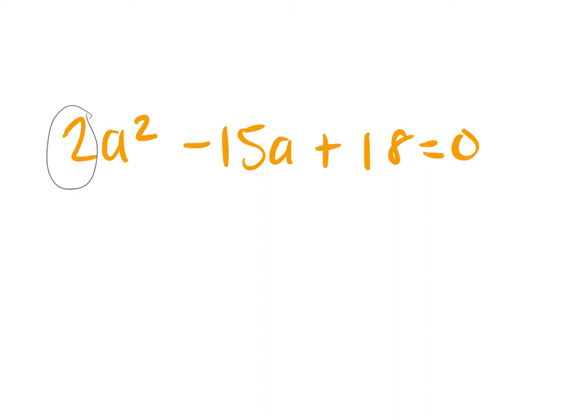Who remembers what we do when we have a number in front of the squared term? Very good. We have to take a times c. In other words, 2 times 18. Nick, what is 2 times 18?